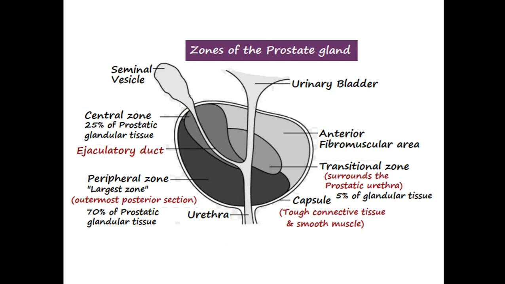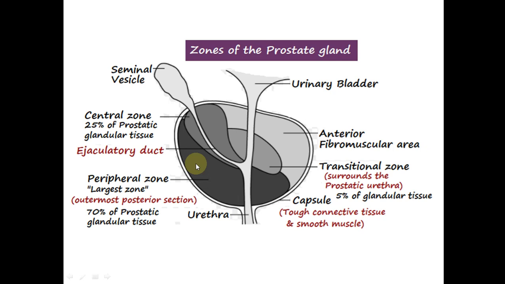We divide the prostate into different anatomical zones. The largest one is the outermost posterior zone, known as the peripheral zone, and this zone contains about 70% of the glandular tissue. We know that the prostate is composed of mainly glandular tissue and supporting connective tissue, which is made of fibrous tissue and smooth muscles.